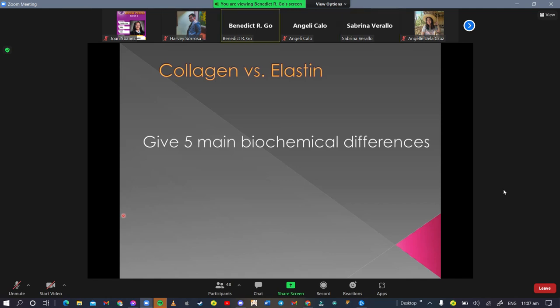Also, there's only 1 genetic type for your elastin compared to your many genetic types for your collagen. There's also a presence of hydroxylysine in your collagen and none in your elastin. Sorry, Doc, I can't remember anymore.